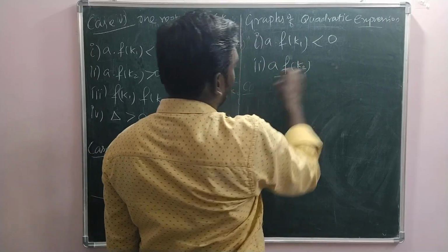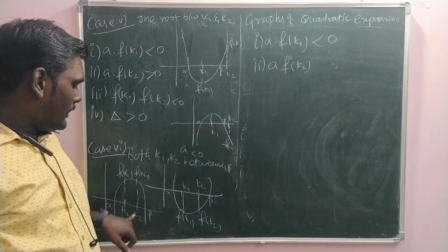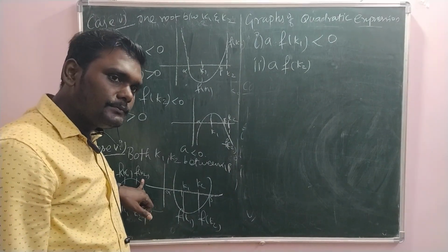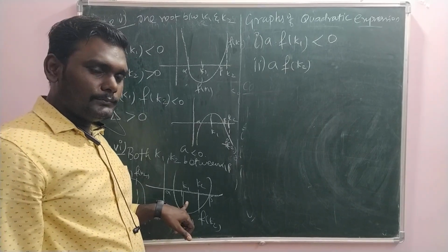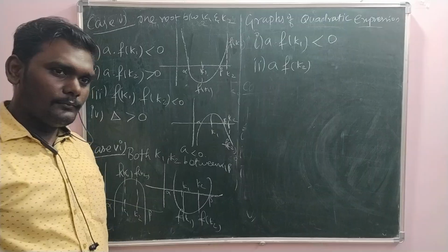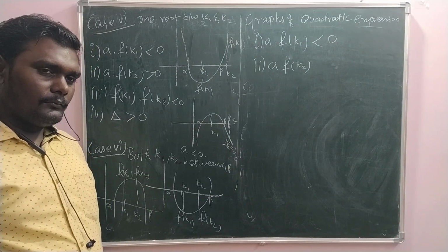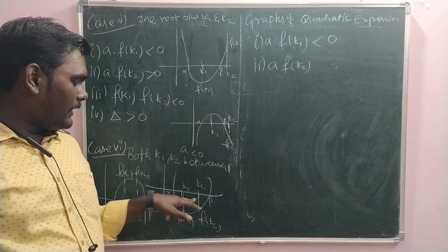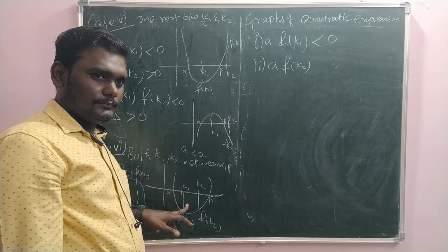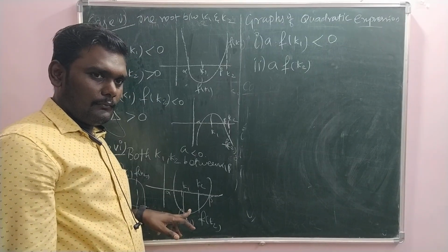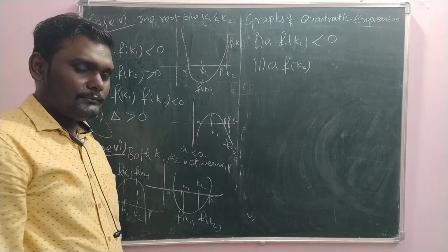A into f of k2. Here a is negative, f of k2 is positive. Here a is positive, f of k1 is negative. F of k1 is positive, a is negative.